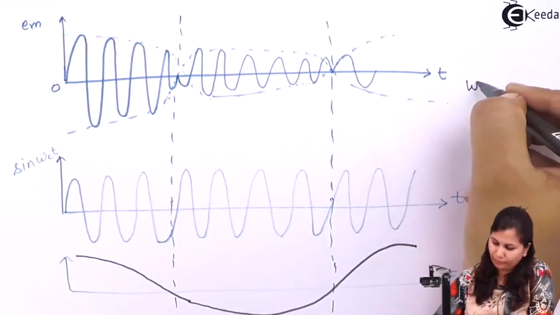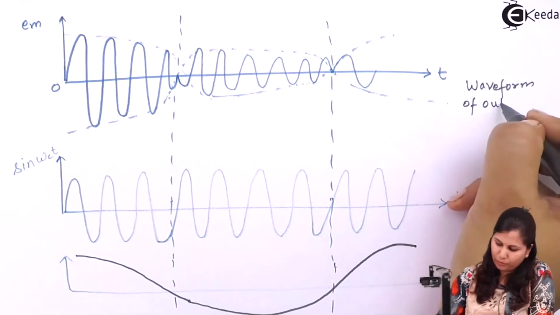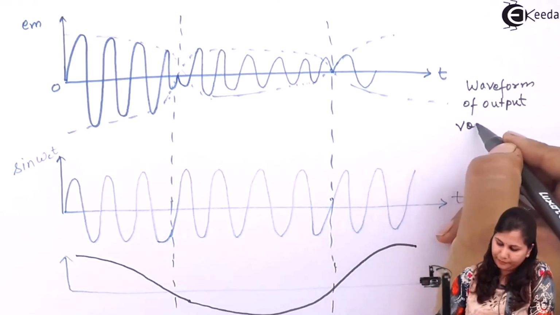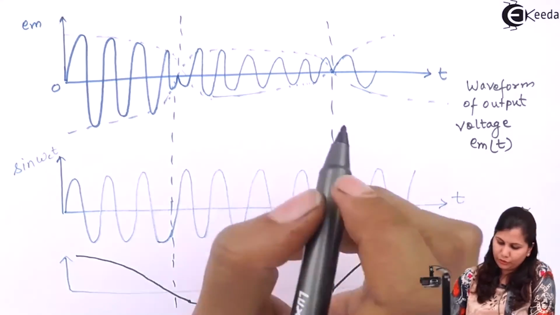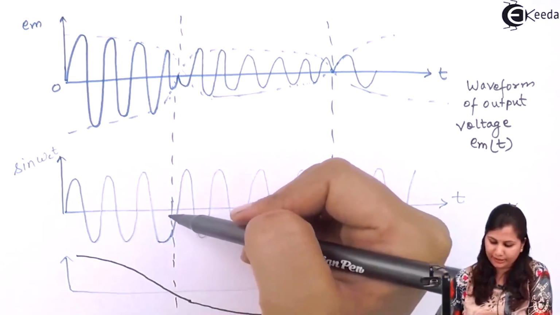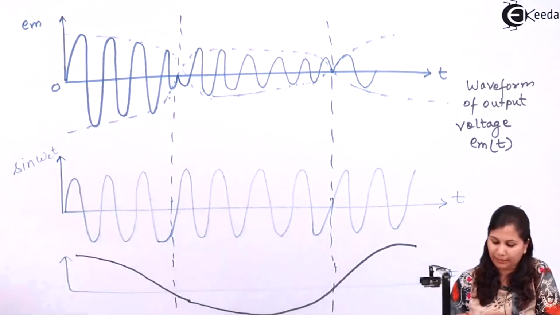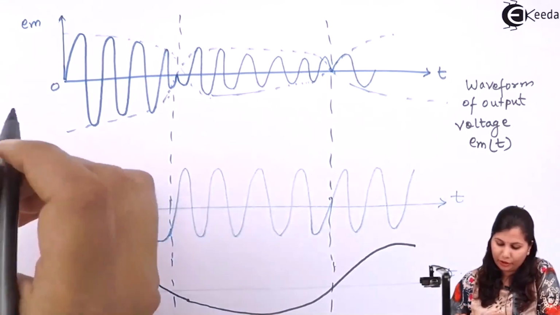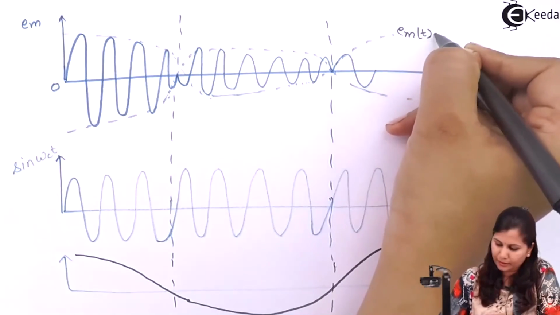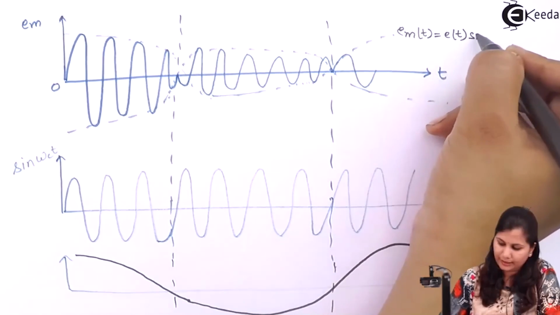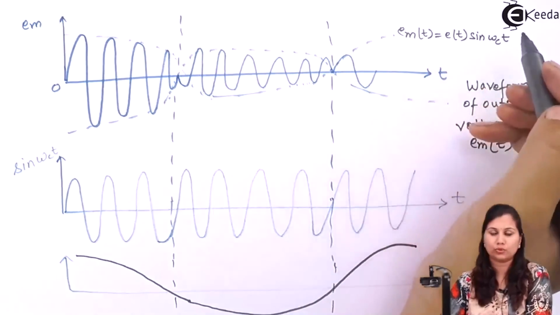This is the waveform of output voltage EMT. You can see that when they are in phase and when they are 180 degrees out of phase, the direction of rotation can be taken as positive or negative. So this EMT is equal to ET sine omega CT, that is a multiplication of these two signals.